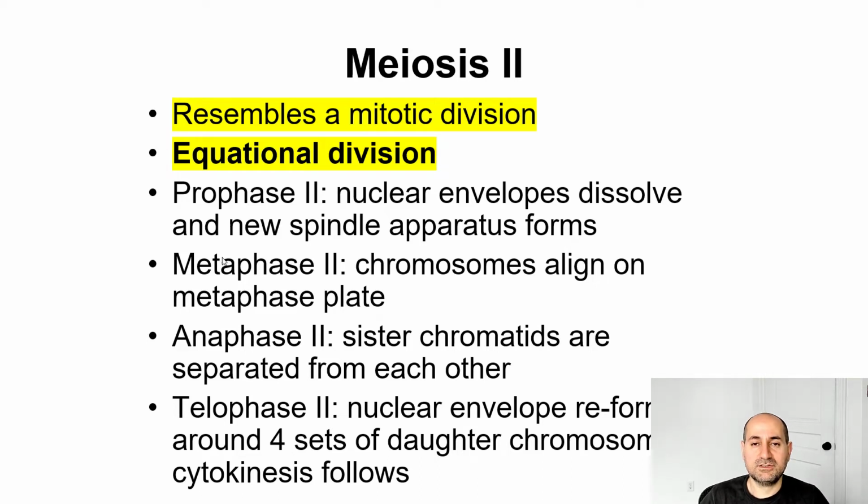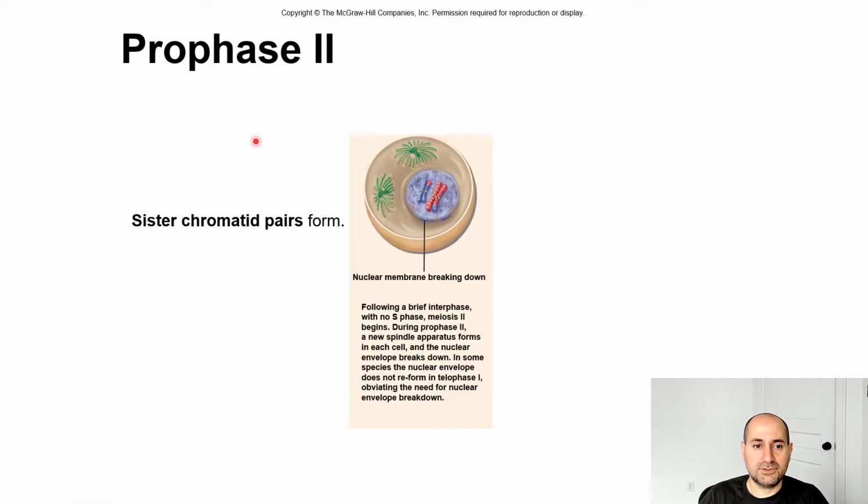We're heading directly into meiosis 2, and it begins with prophase 2. And here, during prophase 2, we need to know that sister chromatids form.